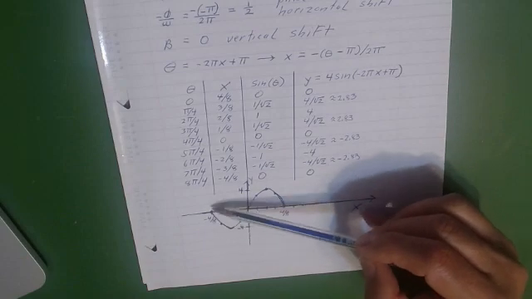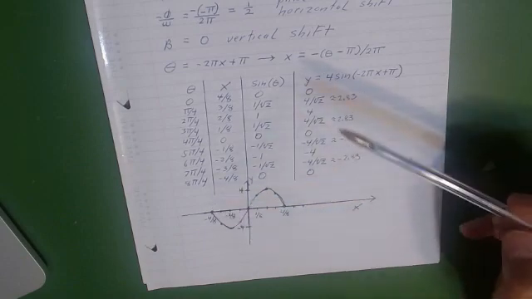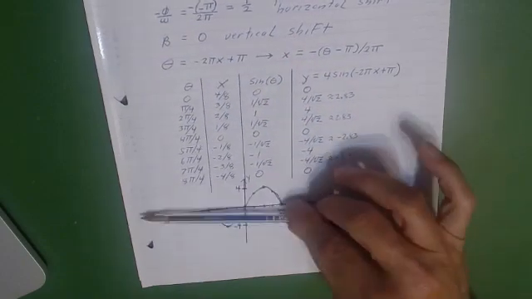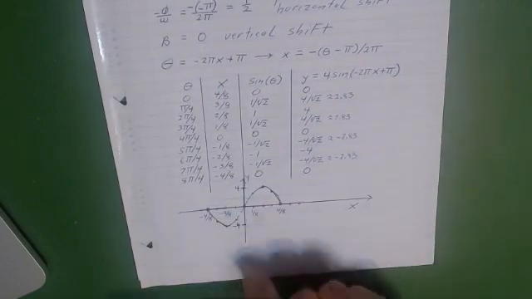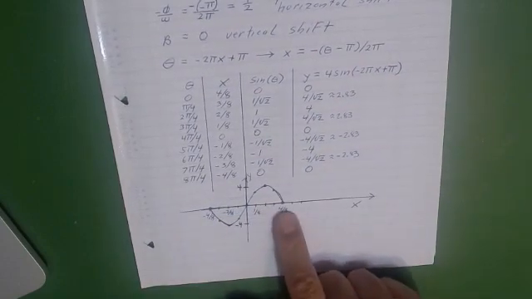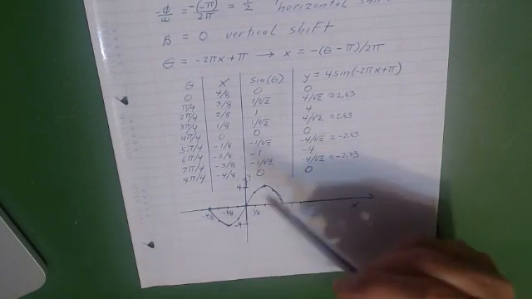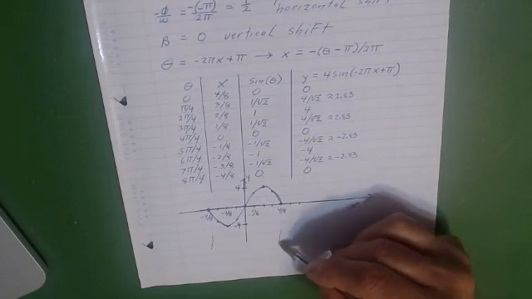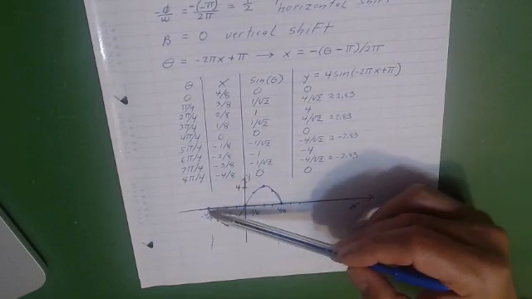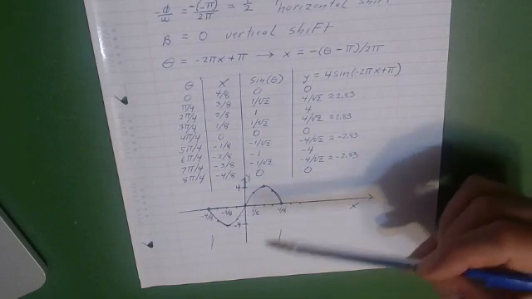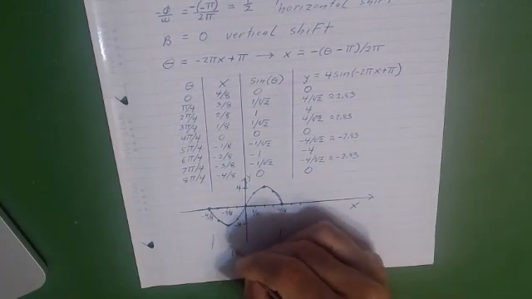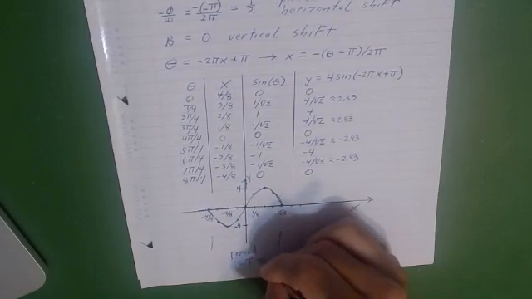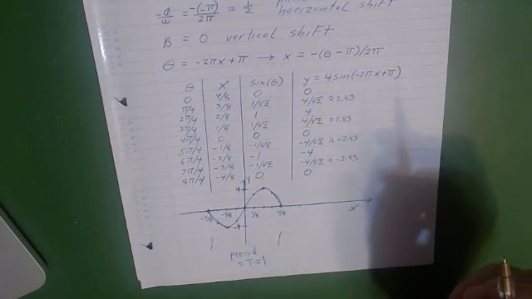Notice 4/8 is 1/2, so that's our phase shift. There's no vertical shift, so our midline is going to be at y equals 0. And our period of this function is this distance here. Our period goes from negative 4/8 to plus 4/8, so our period T equals 1.